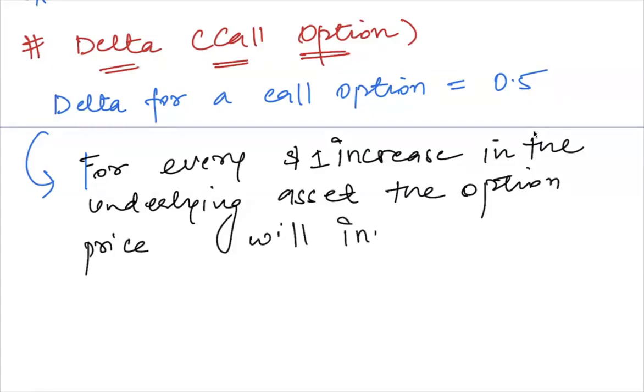The option price will increase by how much? 0.5. Okay, so this is what it means.